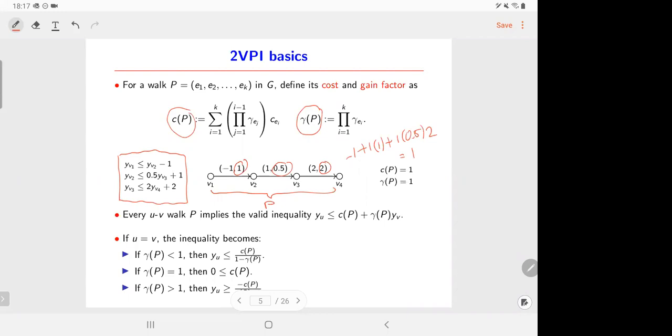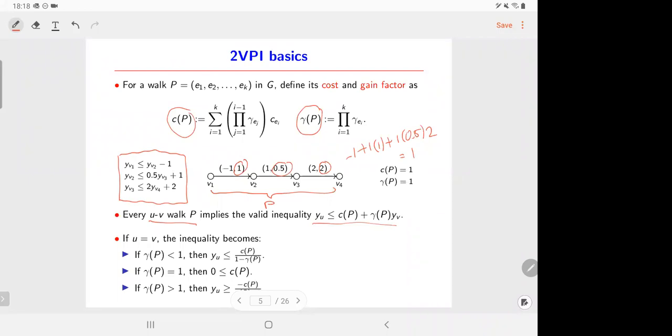Now, the reason why these two concepts of cost and gain factors are important is because they allow us to induce valid inequalities of our system. So specifically, if you take a u-v walk P, then you can get a valid inequality of the form y_u is at most C_P plus gamma_P times y_v.